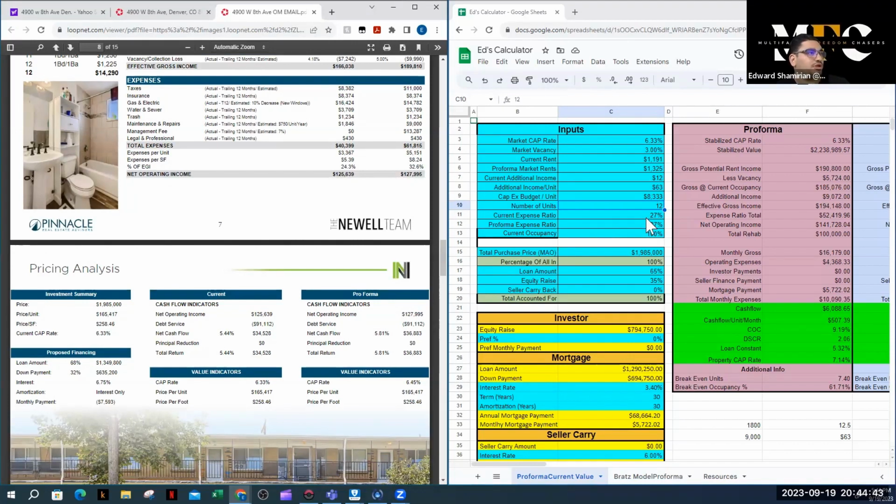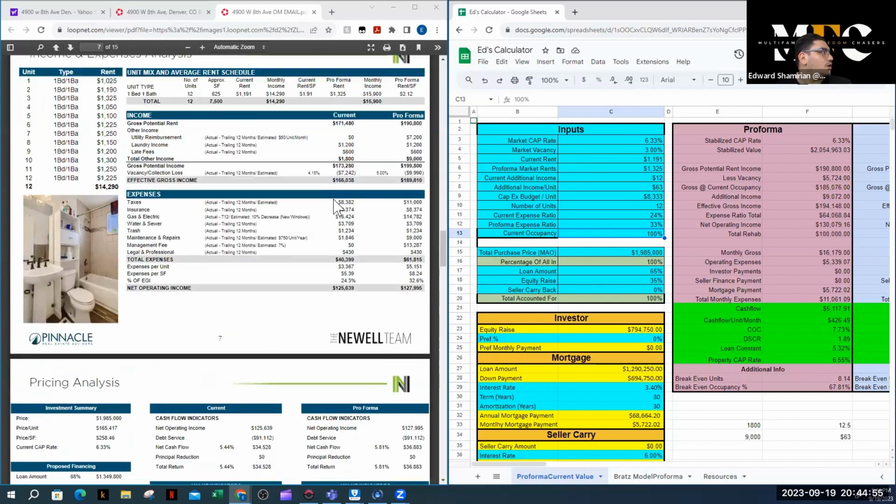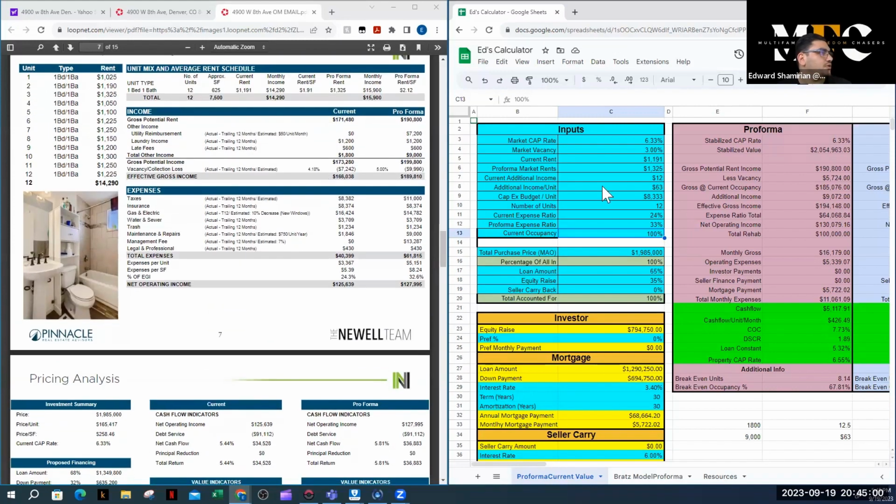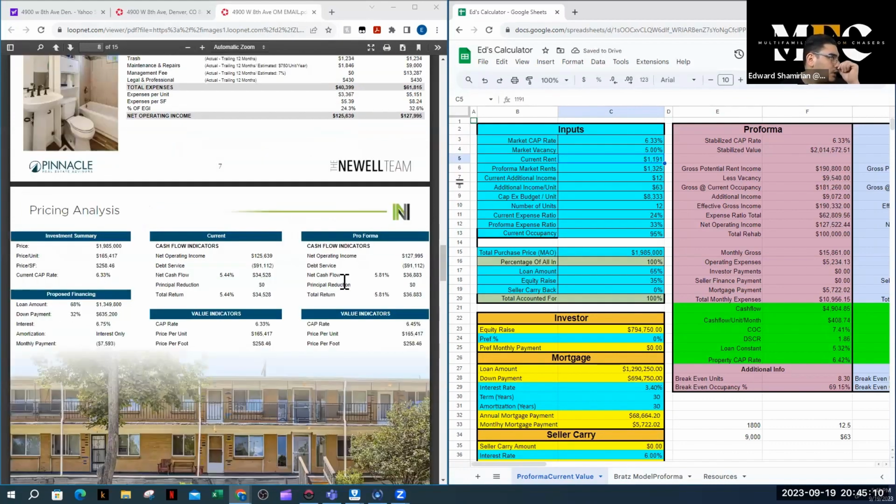Just because this is preliminary and I don't want to go too crazy into it without knowing more about this building, I'm just gonna say, okay, that's what it is. Let's just go off of that for now. I was looking for one more thing here. So let's say their vacancy, current occupancy, let's just put at 95. Market vacancy, let's put at 5. I don't think I'm missing anything.